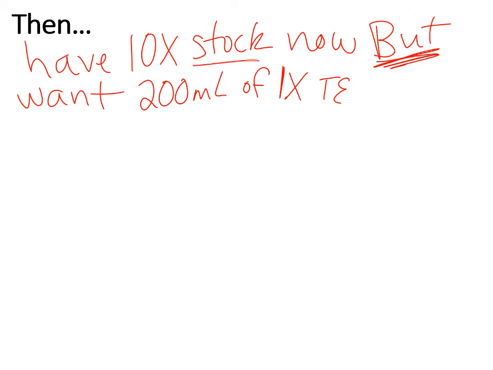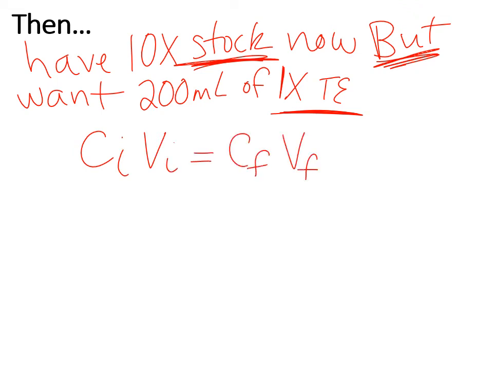If we have a stock and we want to make a diluted version, what do we need now? We need the CI VI equals CF VF formula. And again, you can kind of visualize yourself pipetting. Use your right hand, pipette from your left to your right to kind of remind you that you are taking out from your stock to put into the final solution.